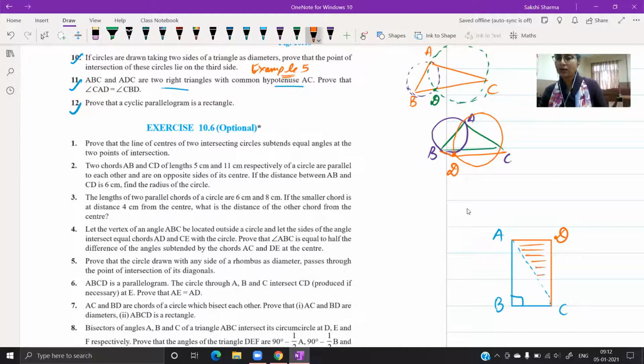In the second triangle, the right angle will be the angle opposite to side AC. You have to prove that in this figure formed, angle CAD equals angle CBD. Although you can see CAD, you cannot see CBD. So for that, you will need to join BD.